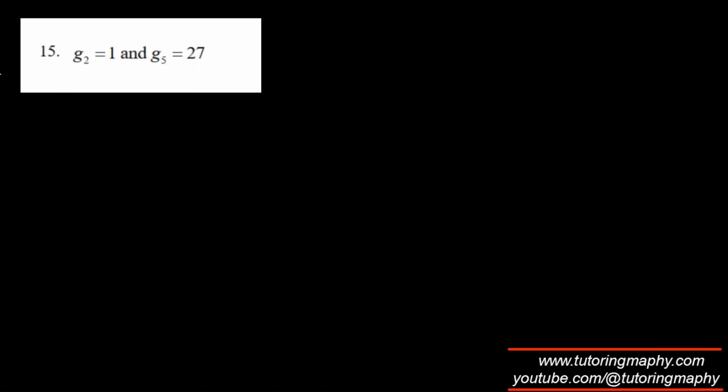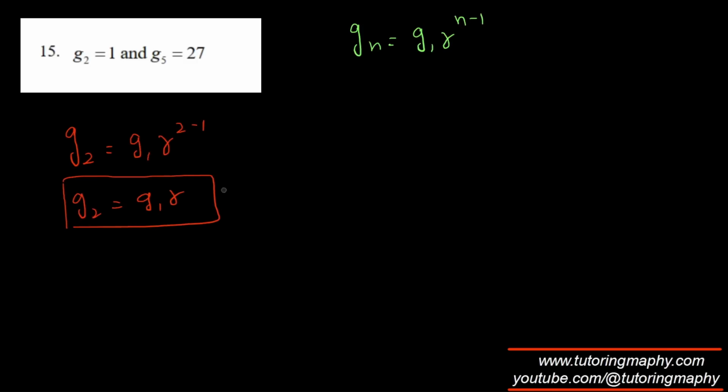Okay, this will be interesting because this needs some more effort. So first we are going to use that twice. The general form is G_n is equal to G_1 R raised to n minus 1. So G_2, why 2? Because G_2 is given. G_2 will be equal to G_1 R raised to 2 minus 1, which is G_2 is equal to G_1 R. Let's box this up.